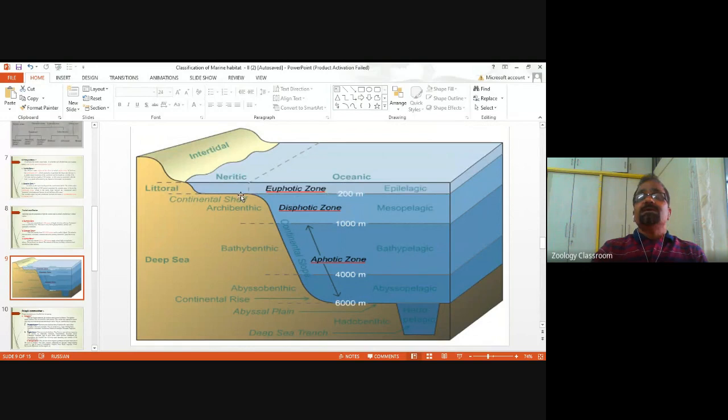As in the earlier figure, the entire region is the pelagic zone. This is the neritic zone. Beyond the continental shelf is the oceanic zone, and here the depth of about 200 meters is highly illuminated, highly penetrated with sunlight and solar radiation, and highly supports photosynthetic organisms, majorly phytoplankton.